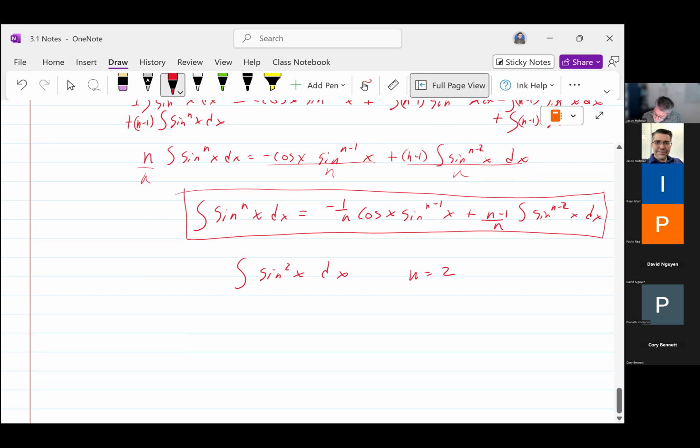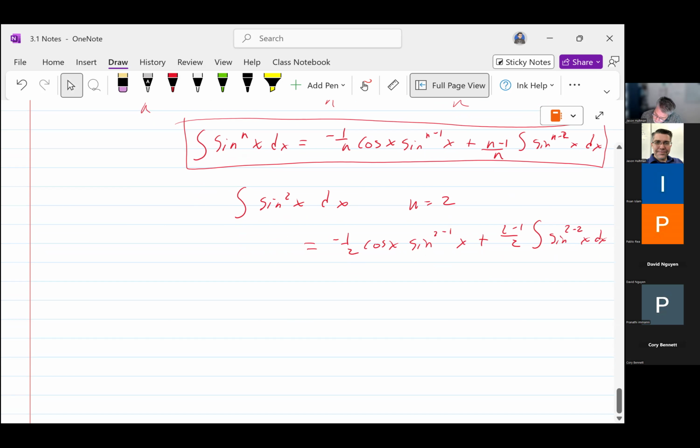And so if I plug this into this formula, this becomes negative 1/2 times cosine x times sine to the first power, sine to the 2 minus 1 power, plus 2 minus 1 over 2 times the integral of sine to the 2 minus 2 x dx.